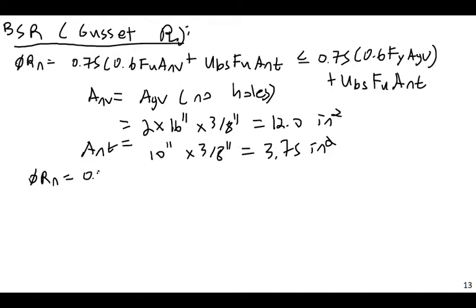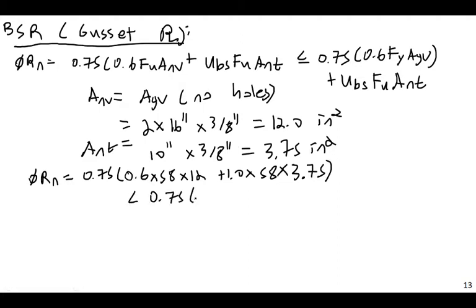So this is 0.75 times 0.6 times 58 times 12 plus 1.0 times 58 times 3.75. And this is then less than or equal to 0.75 times 0.6 times 36 times 12 plus 1.0 times 58 times 3.75.